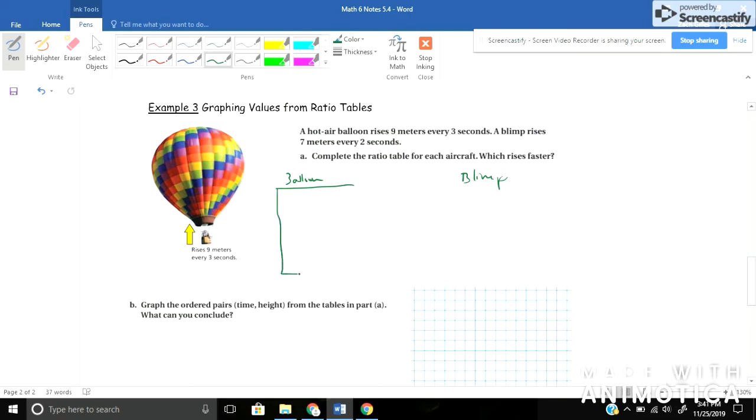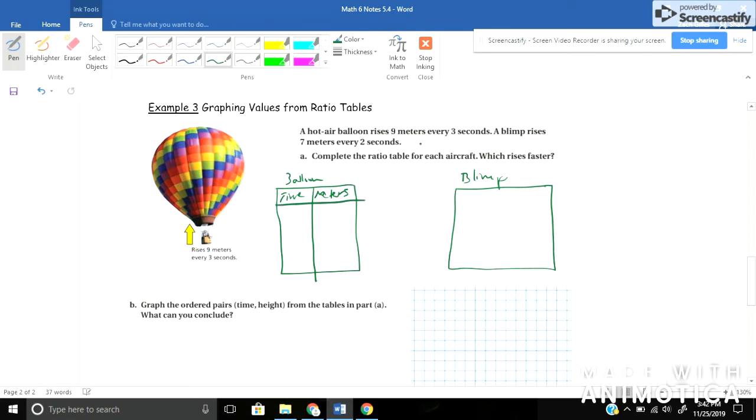And this time I'm going to make a vertical ratio table just to show you that it doesn't really matter what kind of ratio table you have. You can make them either way. And we've got time that we're talking about, and we've got meters or height, right?